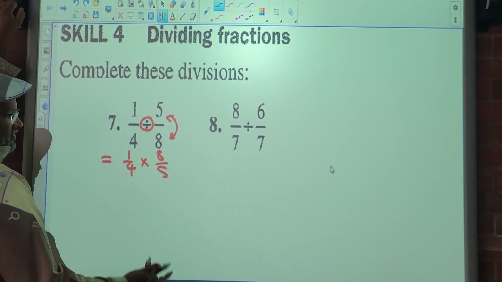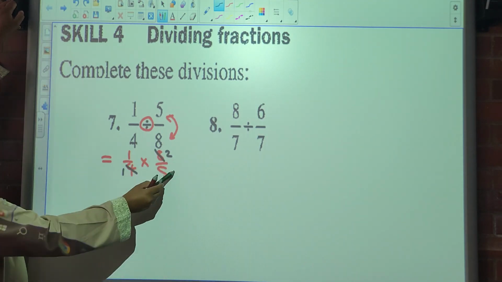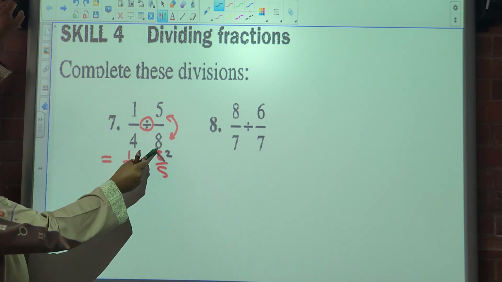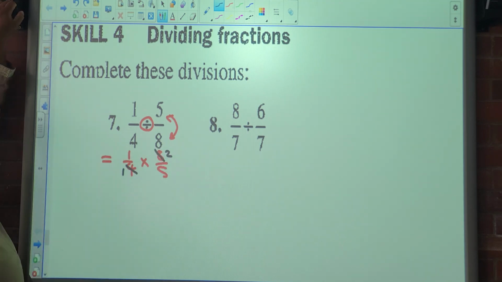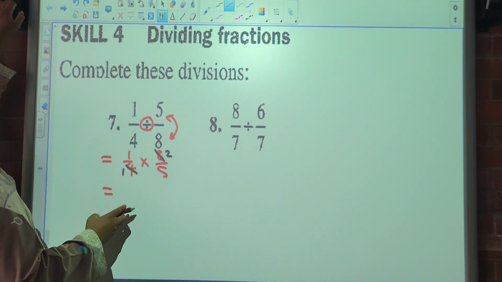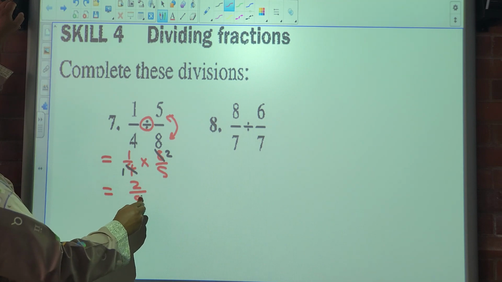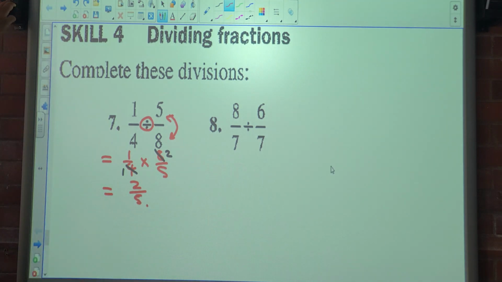Yes. 4 goes into 4 once, 4 goes into 8 twice. Is there anything I can simplify there? No. Here? There? Okay. So what's 1 multiplied by 2? 2. 1 multiplied by 5? 5. So 2 over 5. You all agree with that?